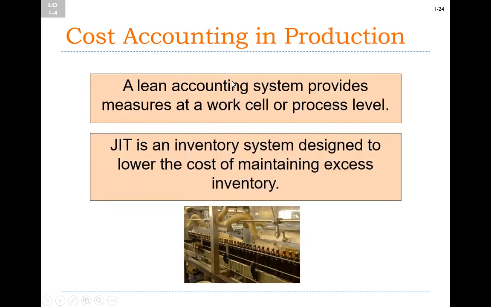In the production phase, we jump back to that lean system again. So a lot of companies use what's known as just-in-time manufacturing, meaning they will wait to order the raw materials just in time for them to need them, so that they're not holding tons of inventory, and they can lower the cost of inventory because it costs a lot to store inventory.